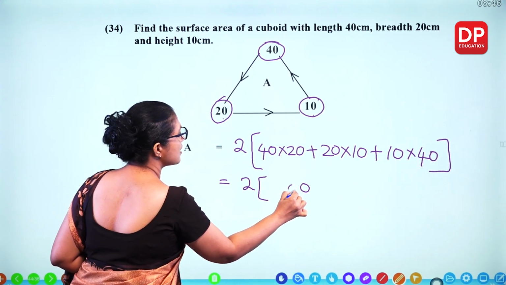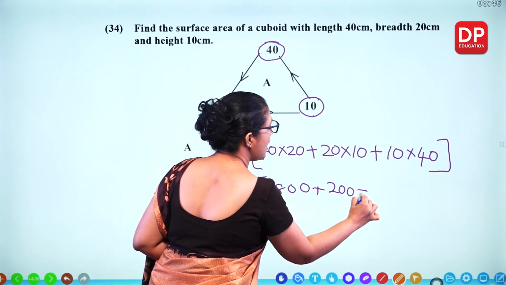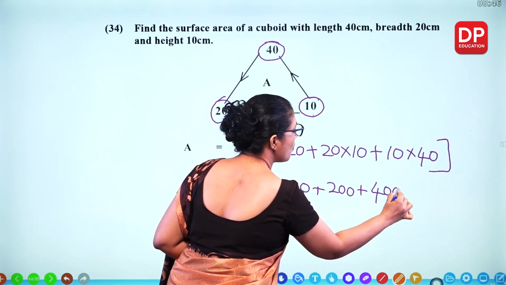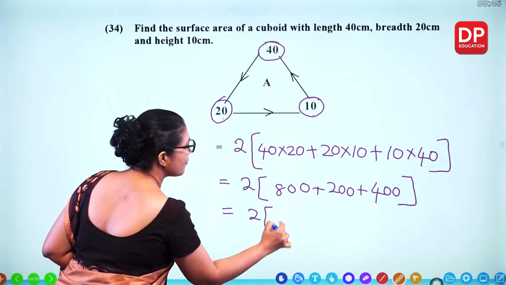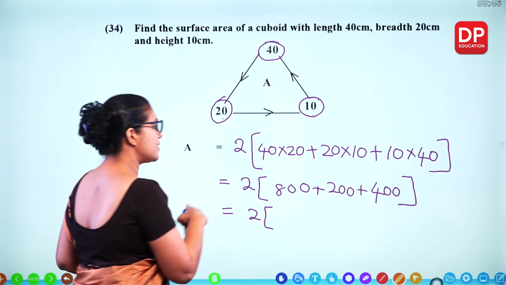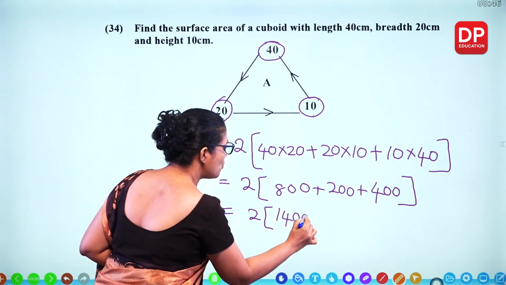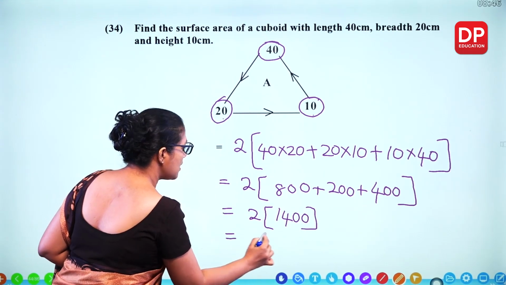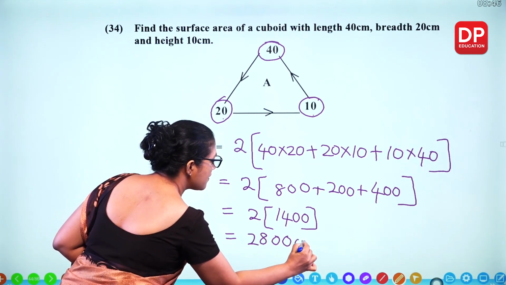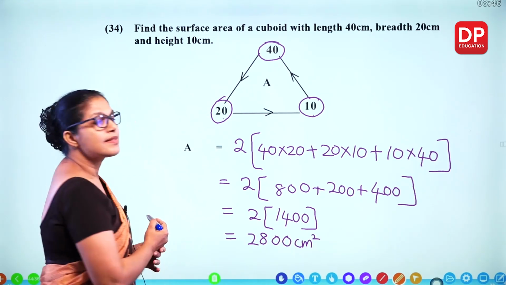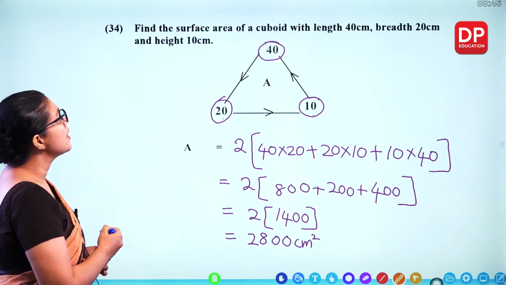Here you get 800, this is 200 and 400. So when you add it, 800 and 200, 1000, 1400 into 2, you get 2800 square centimeters for the surface area of the cuboid.